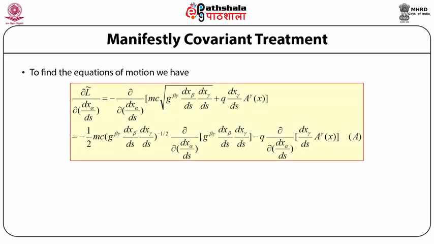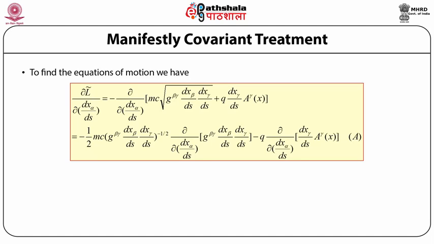The derivative of L with respect to dx alpha by ds is del L by del dx alpha by ds equals minus del by del dx alpha by ds of mc times the square root of g beta gamma dx beta by ds dx gamma by ds plus q dx gamma by ds A gamma of x, which equals minus half mc g beta gamma dx beta by ds dx gamma by ds raised to the power minus half, times del by del dx alpha by ds of g beta gamma dx beta by ds dx gamma by ds, minus q del by del dx alpha by ds of dx gamma by ds A gamma of x.